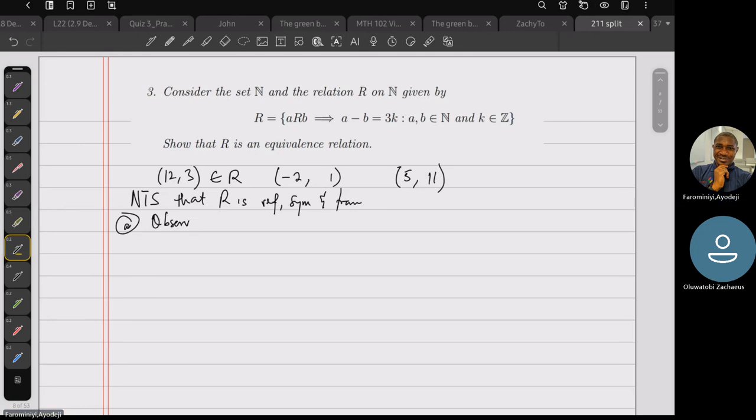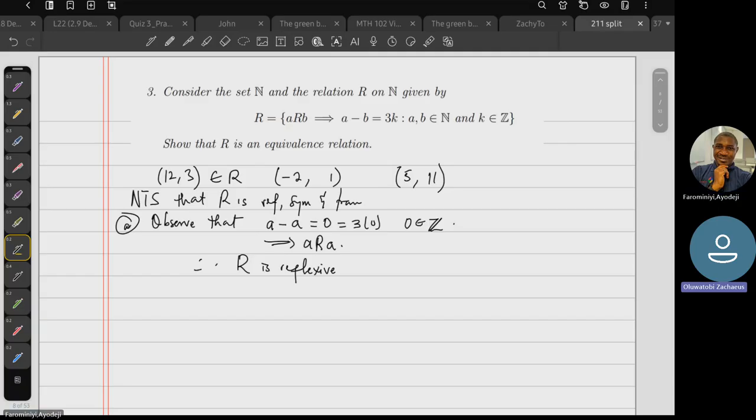Observe that A minus A is equal to 0, and 0 is 3 times 0, where 0 is an integer. So this implies that A is related to A. Therefore, R is reflexive. That is how to show reflexivity.